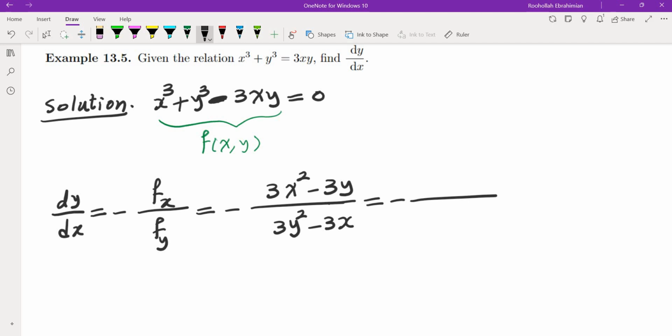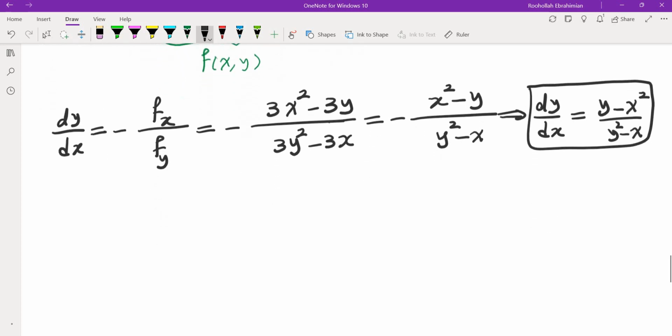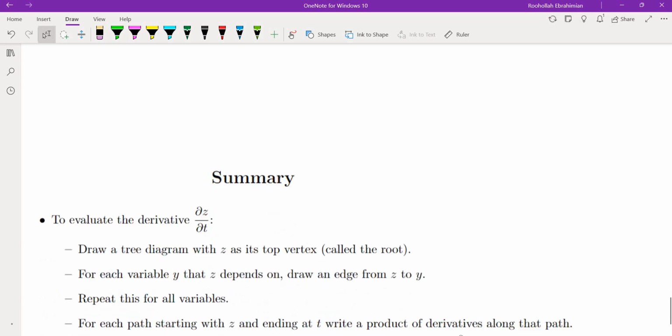So there's a 3 on top that we can simplify, so we get x squared minus y over y squared minus x. So dy dx is going to be y minus x squared over y squared minus x if we distribute the negative sign. So that's how we can do implicit differentiation.